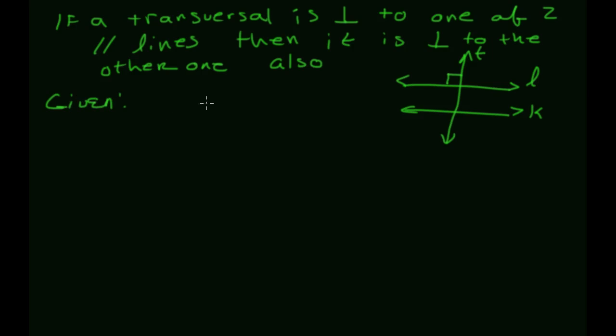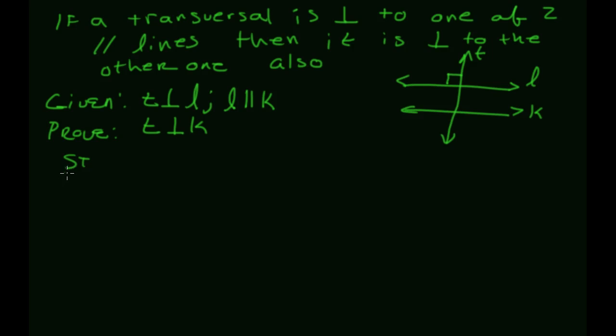So we're going to be given that basically T is perpendicular to L, and that L is parallel to K. We want to prove that T is also perpendicular to K.